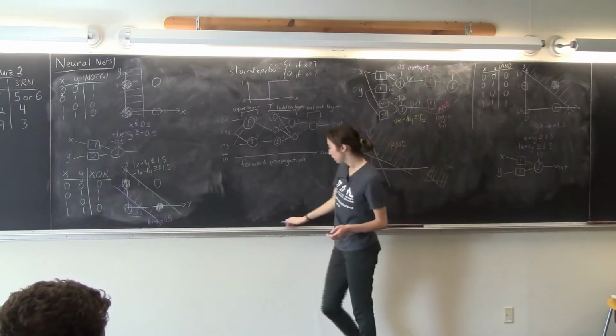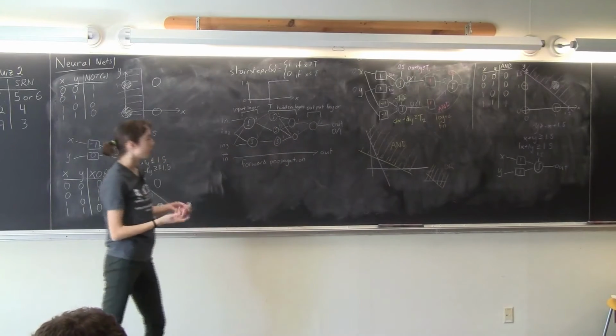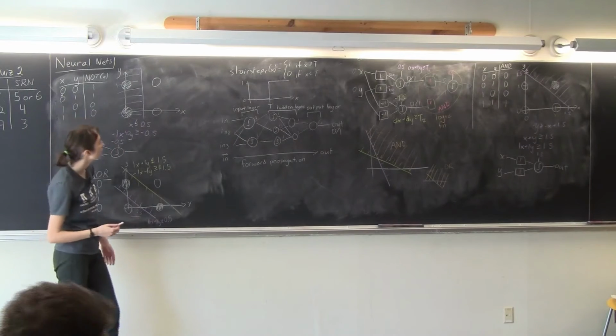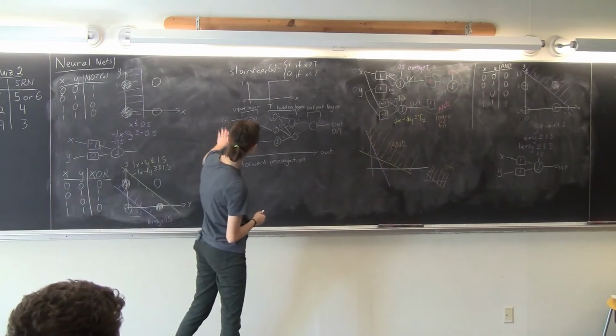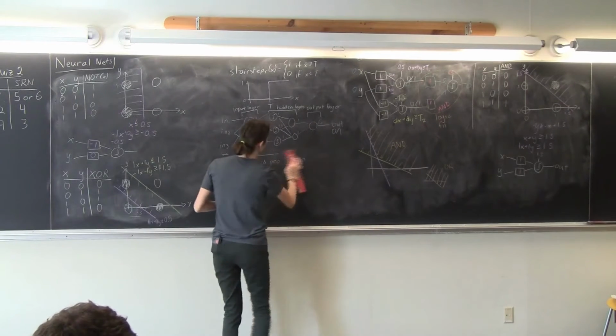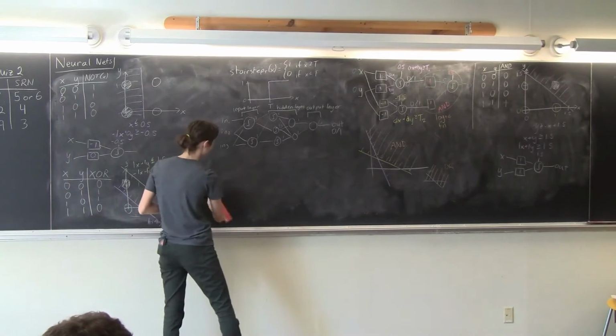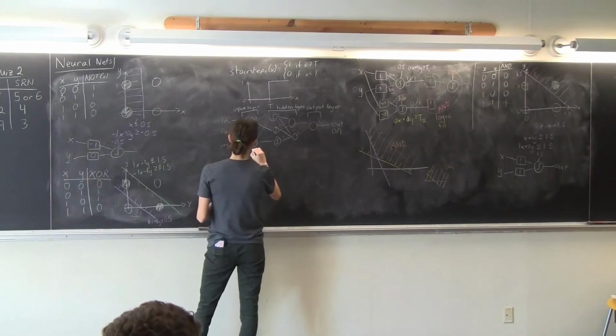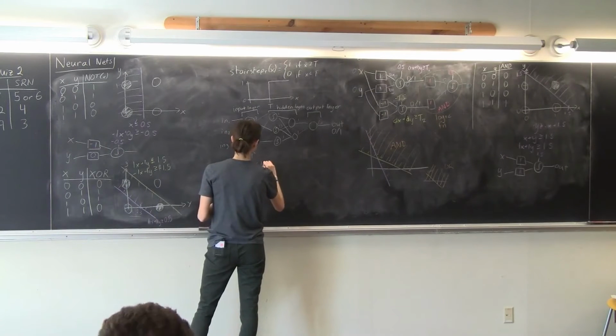So that's the general idea of drawing pictures with neural nets, graphing the output, and being able to classify points. So we could add to this picture that the input layer has a specific function, which is to draw lines in the space. So the input layer draws lines.